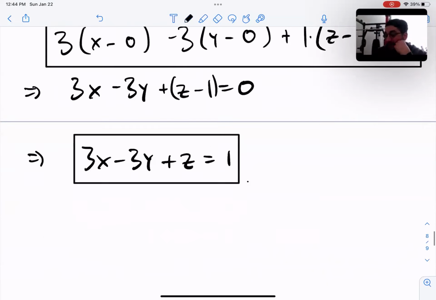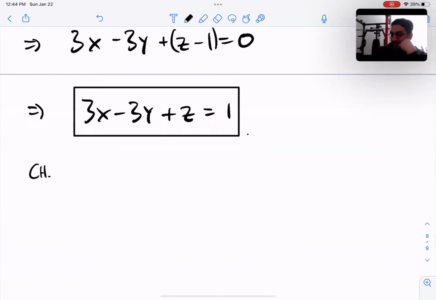So, what's a great way to check this? What was our goal? Our goal was to find a plane that contained A, B, and C. We'll check now that A, B, and C all actually satisfy that equation. So check.